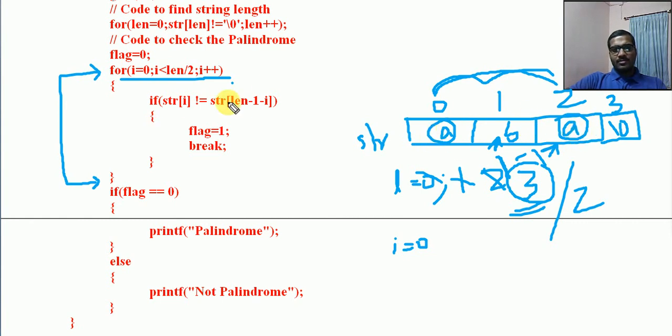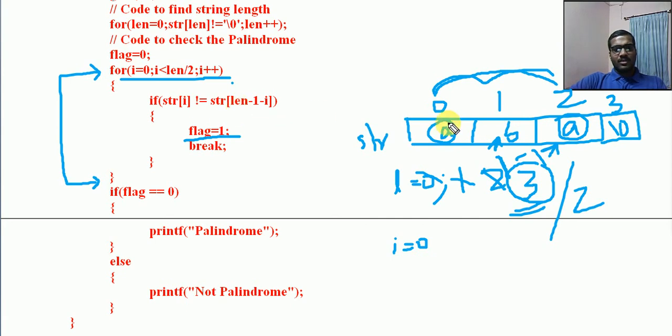If they are not equal, I am simply setting a flag. Now it is very clear. If they are not equal, we can clearly say in the first iteration itself that it is not a palindrome, because they must be equal. Both sides we need to have the same string, from 0 to 2 and from 2 to 0. The reverse must also be the same string.